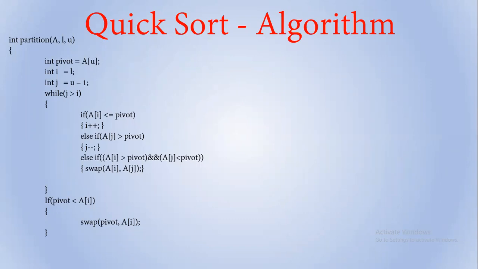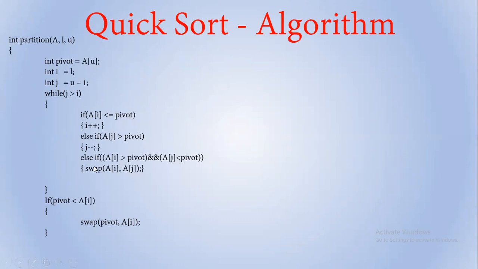A0 and A1 will be lesser than the pivot value, and A3 and A4 will be greater than the pivot value. So this has definitely rearranged the array.